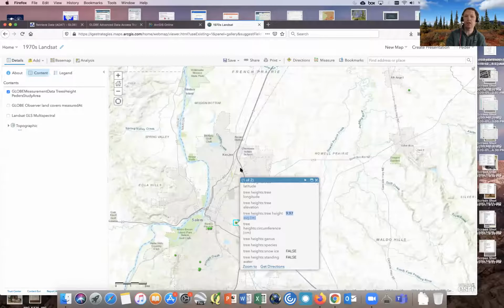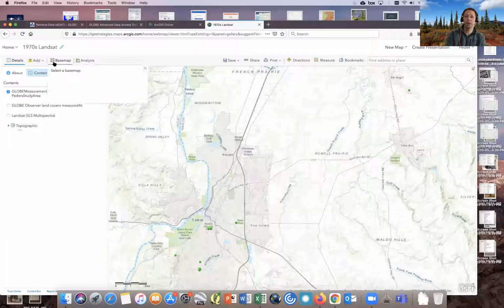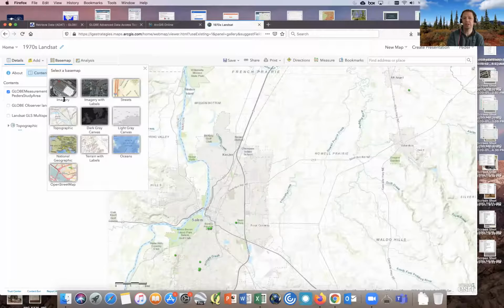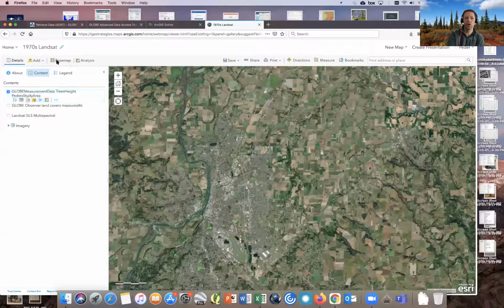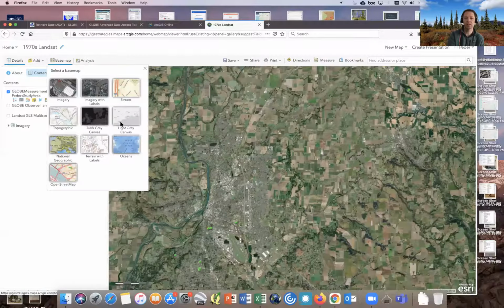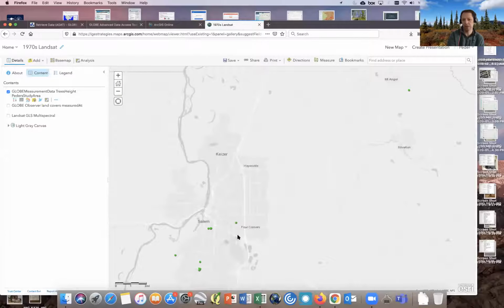So one of the things that you can start doing with this is, hopefully you can go in and you can change the base map that's underneath it. You can show satellite imagery, or you can actually change it to something like a light gray canvas so that those colors stick out a little bit more.